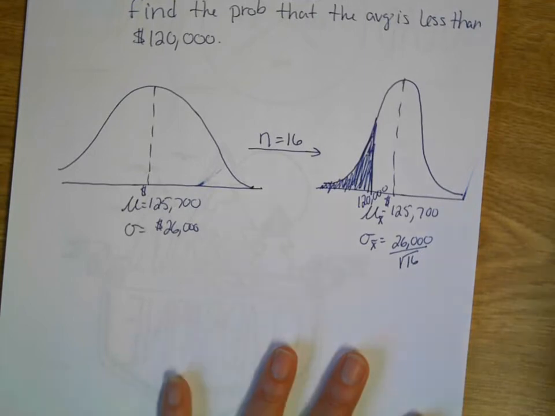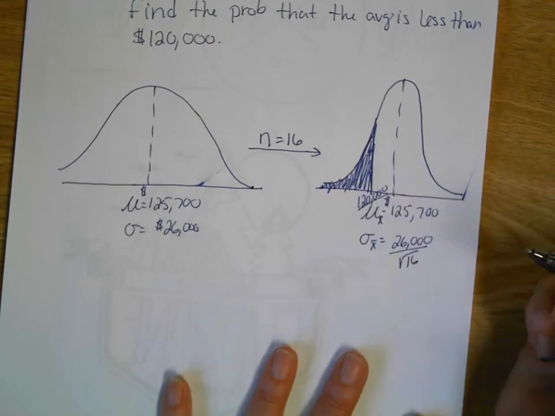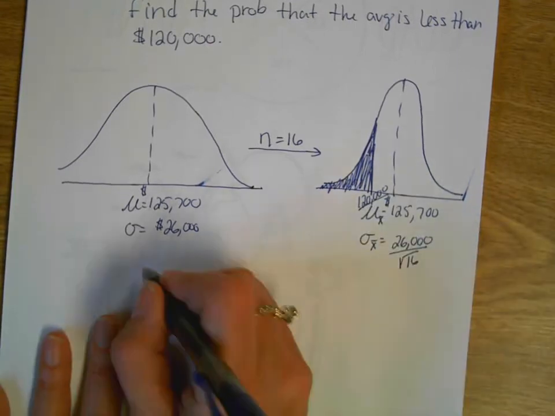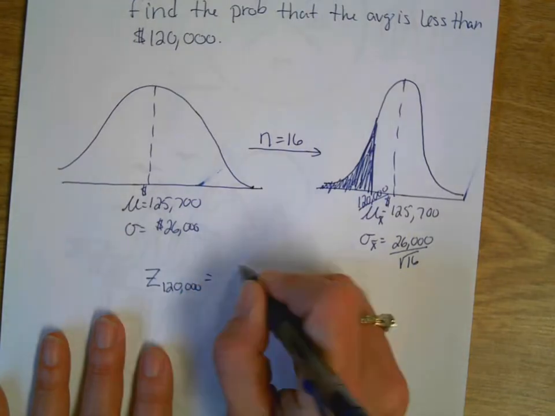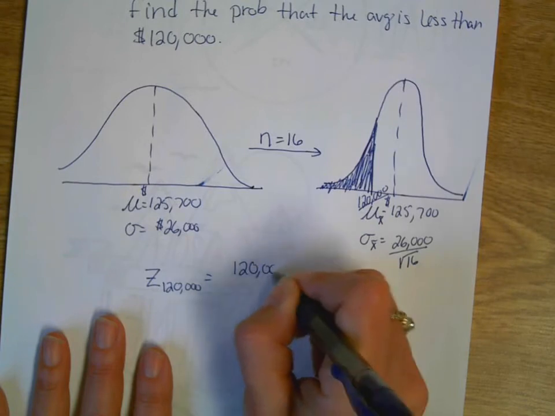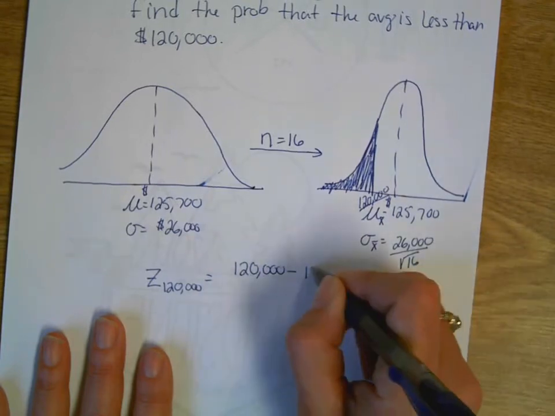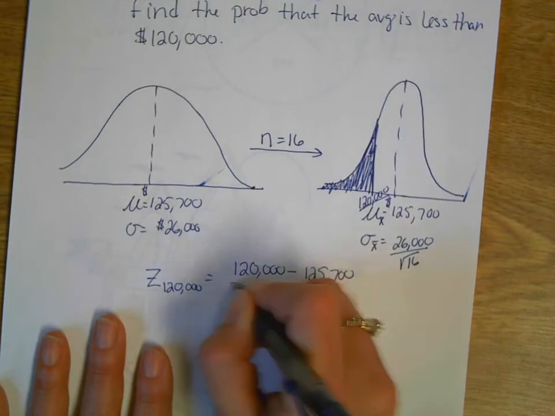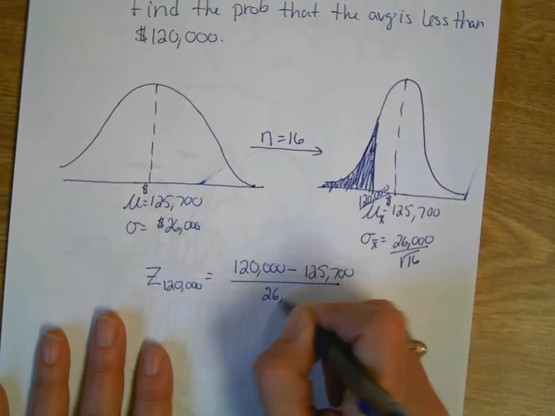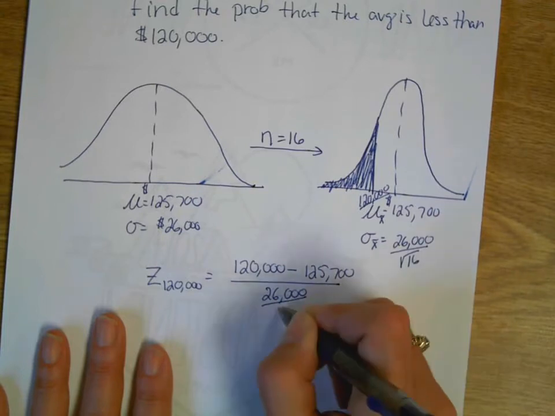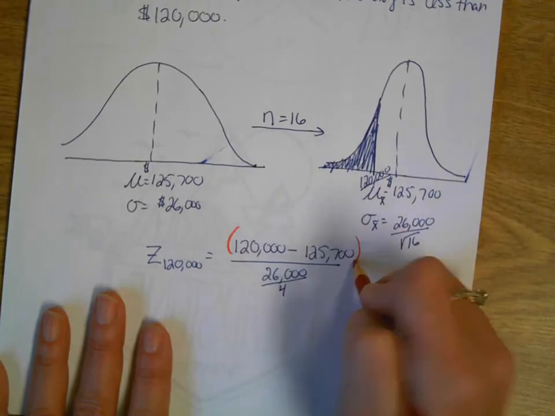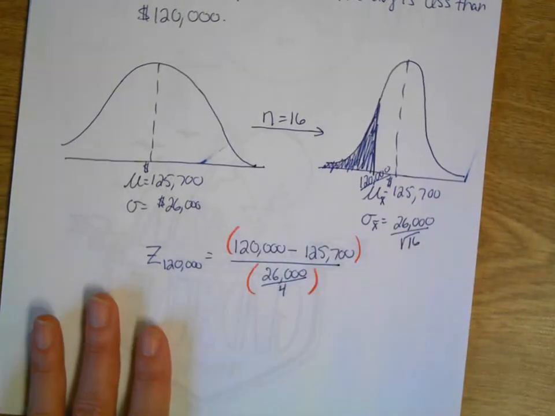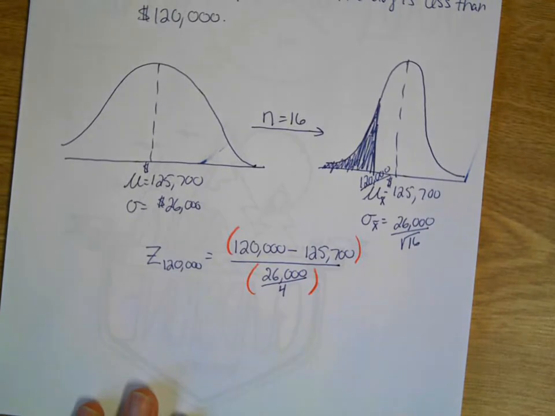This time, all I need to do is look at the value on the table, because that is the value behind, but I need the z-score for that spot first. So the z-score for 120,000. I'll just put a 4 down there since that one's easy enough to do. But again, make sure you have parentheses around your numerator and denominator. Z-score out to 2 places.